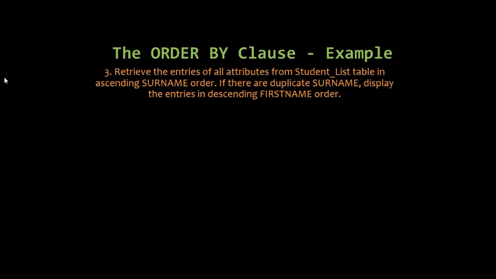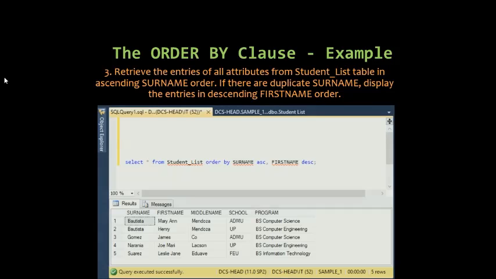For the last scenario, we have to retrieve the entries of all attributes from student list table in ascending surname order. If there are duplicate surnames, display the entries in descending first name order. Here we are asked to retrieve all the contents of the student list table in ascending surname order. And if there are cases where the surname has a duplicate, then we have to display the entries in descending first name order.